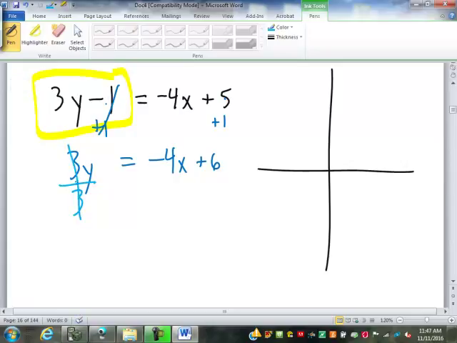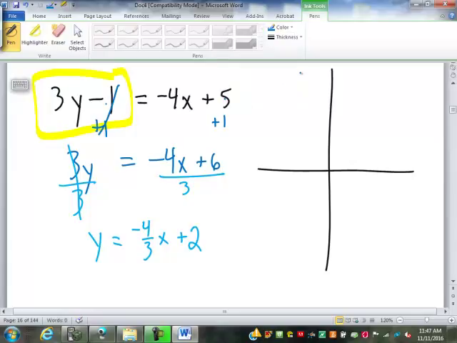When I multiply or divide, I have to do it to every piece on each side. So negative 4x divided by 3, over here it's just y. Negative 4x divided by 3, I'm just writing as negative 4 over 3 times x. 6 divided by 3 is just 2.